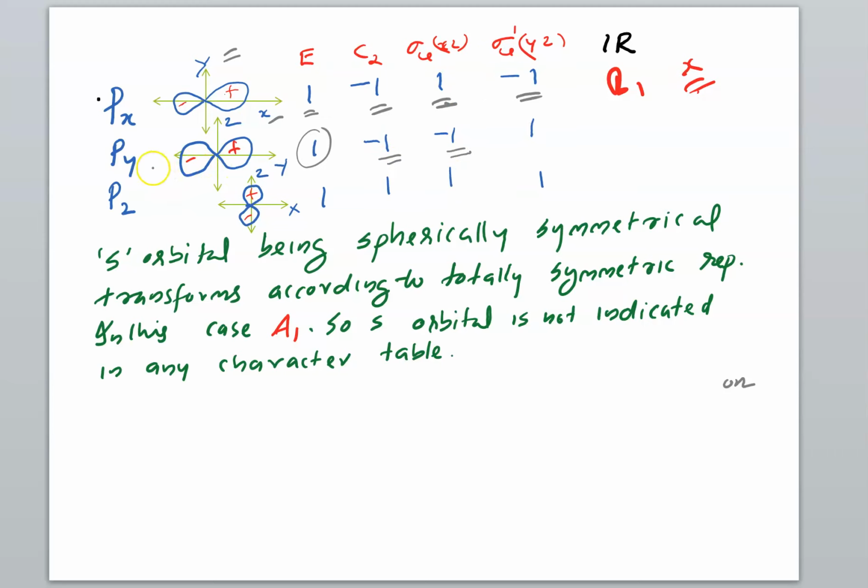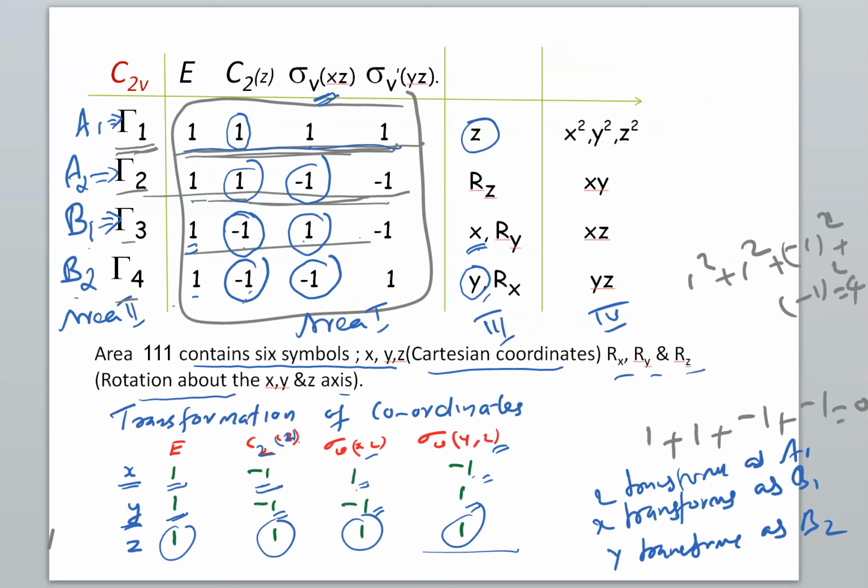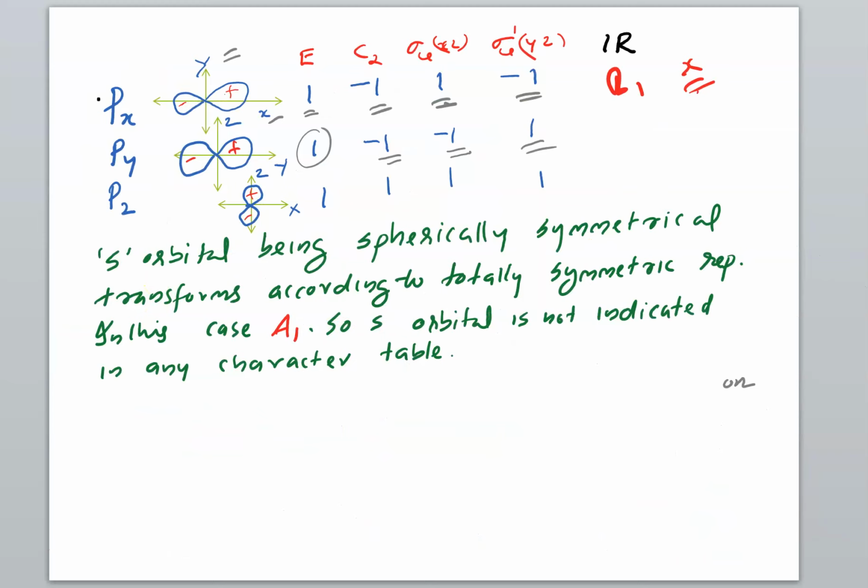Sigma v yz is the plane of the paper containing the py orbital, therefore no change, therefore 1. So 1, minus 1, minus 1, 1, and that is y. Py also transforms as B2. The py orbital transforms as B2.